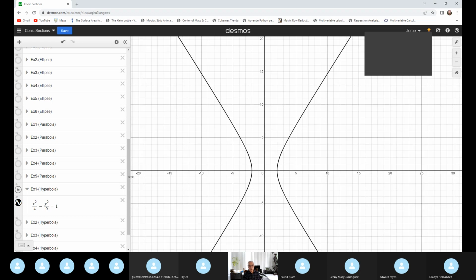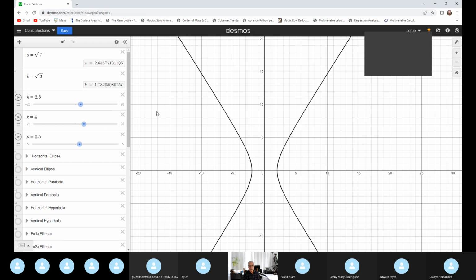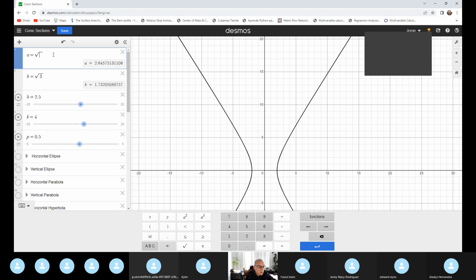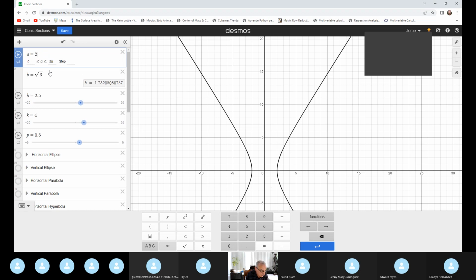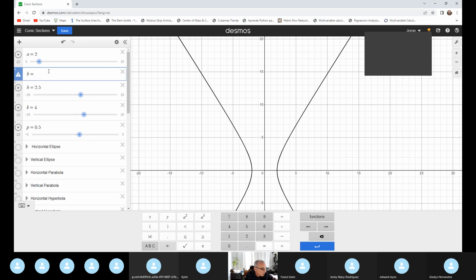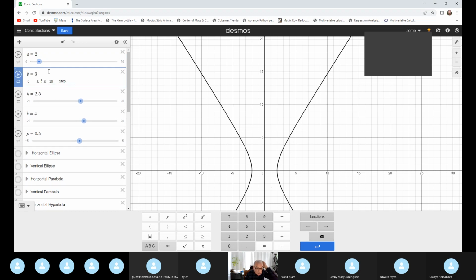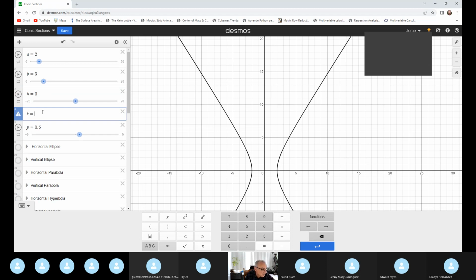So it's solving the horizontal, but without any detail. a is 2, b is 3, and h and k are 0,0. Center at the origin.